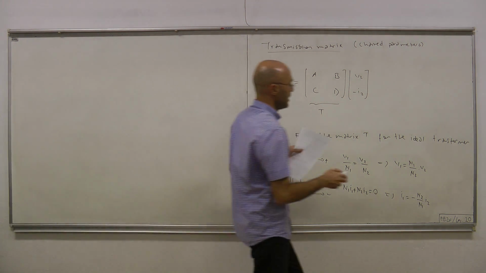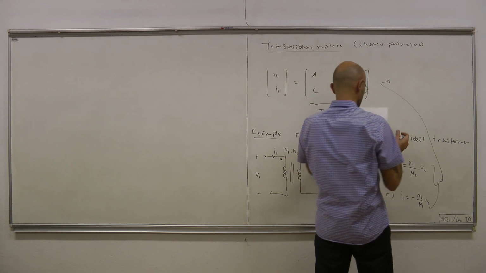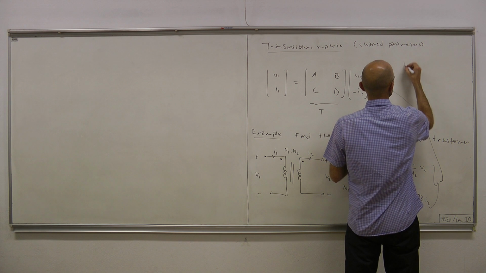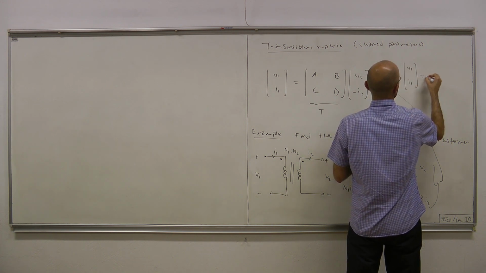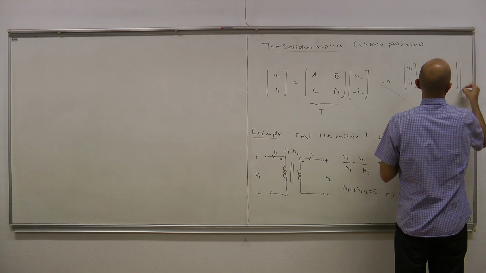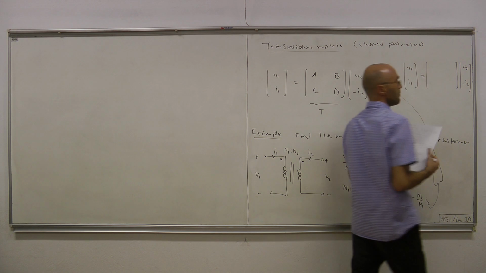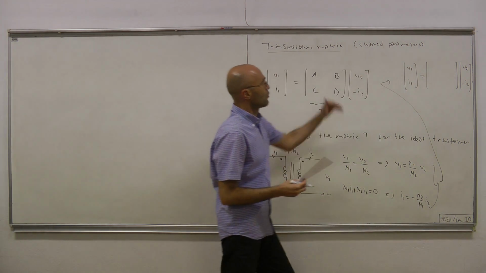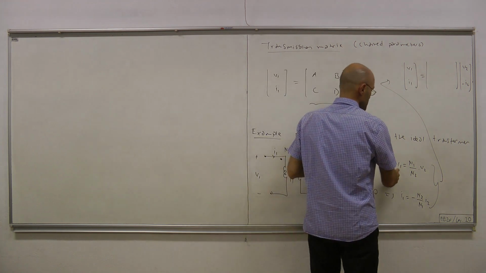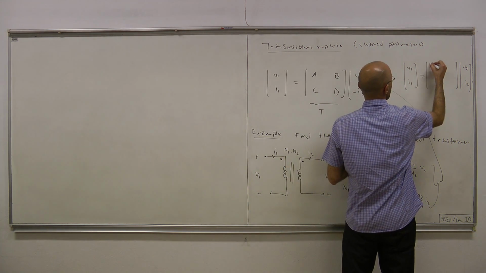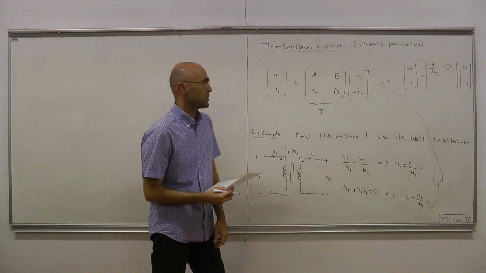So let's combine these two equations somewhere here. So we have [V1; I1] equals T times [V2; minus I2]. For the first row, we look at the voltage equation. What we have is V1 equals N1 over N2 times V2 plus 0 times minus I2.